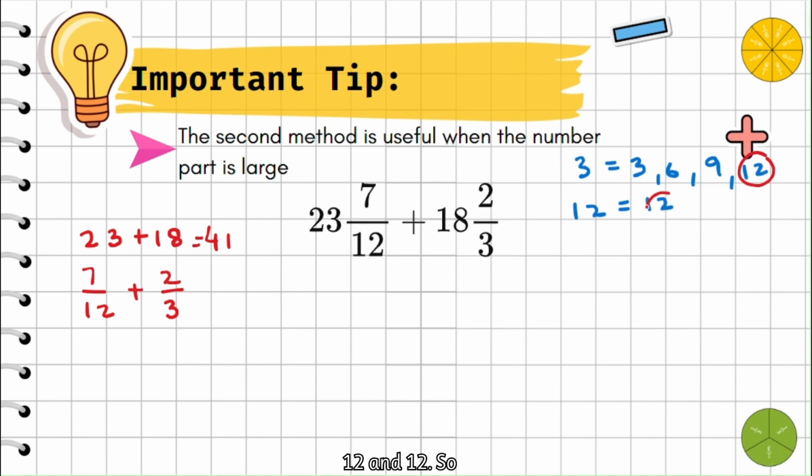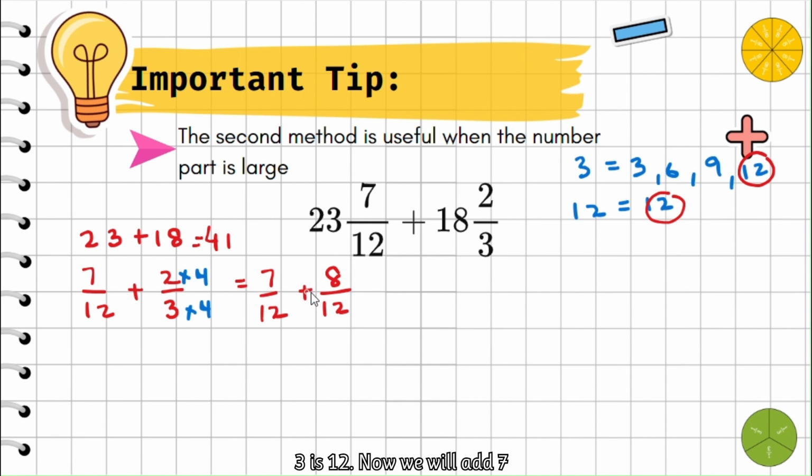So 12 and 12. So to change 3 into 12, we multiply it by 4, and we'll do the same to the numerator. So that would change the fractions into 7 over 12 plus 4 times 2 is 8, and 4 times 3 is 12. Now we would add 7 and 8. So 7 plus 8 is 15 over 12.